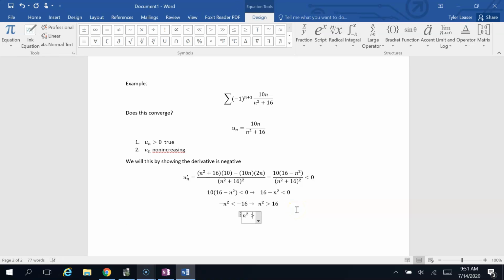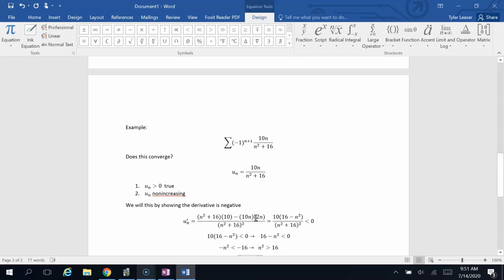I know that when you take square roots you should worry about the positive and the negative, but we're not going to worry about that because our n value can only be positive anyway, since it's the index of the series. So we get n is greater than 4. What this is saying is that our derivative is less than 0 as long as n is greater than 4.